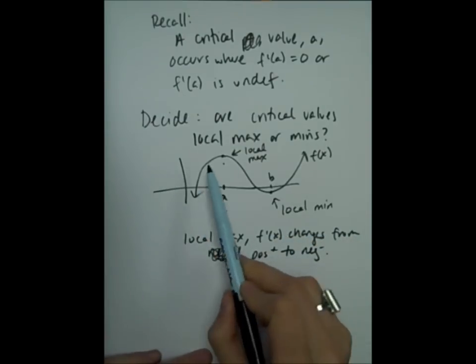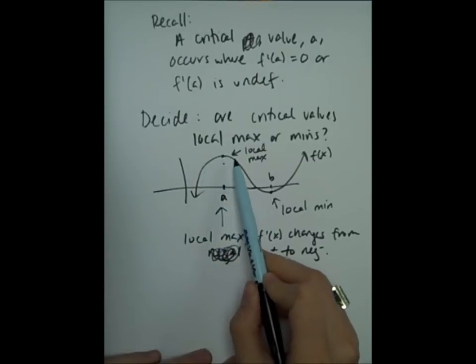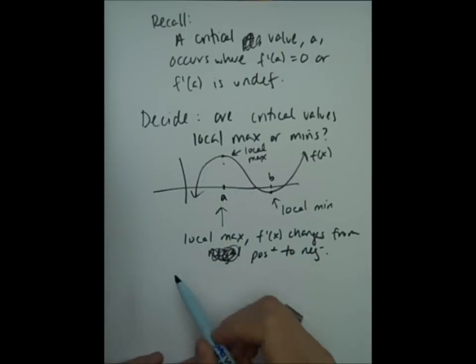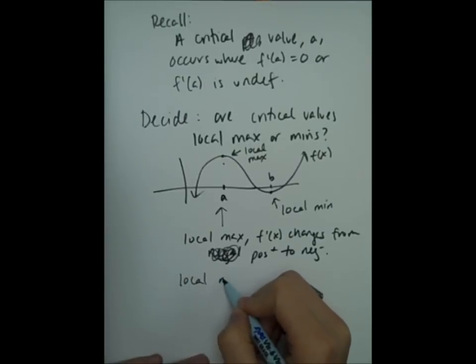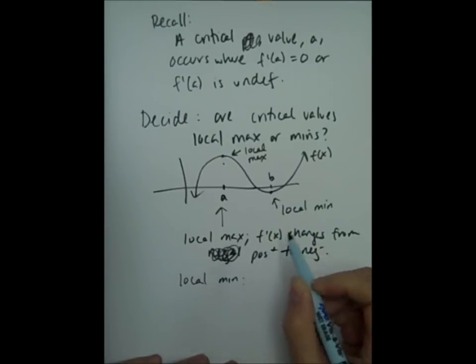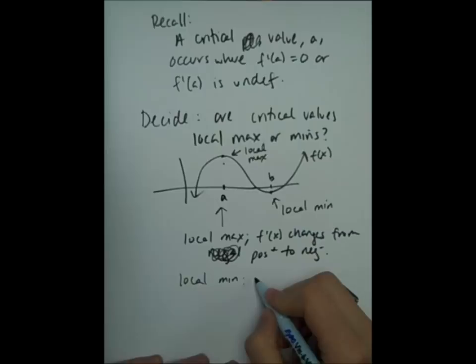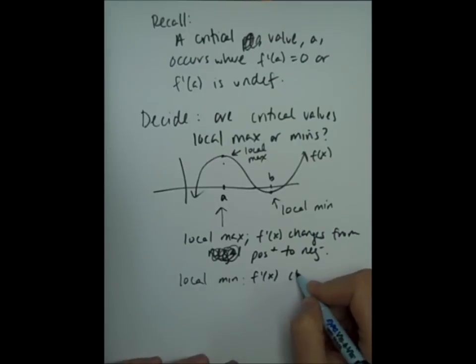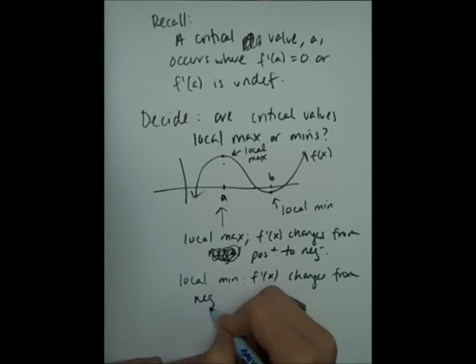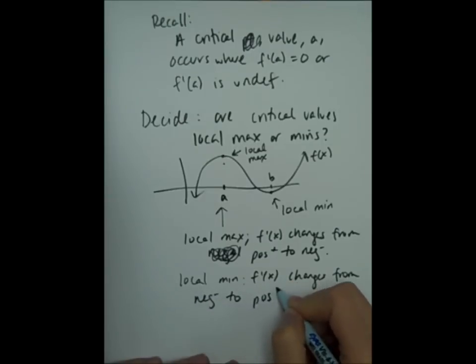And you can see this in the picture. My slope went from positive to negative. What's happening in my local min? The slope is negative and then it's becoming positive. So f prime of x changes from negative to positive.